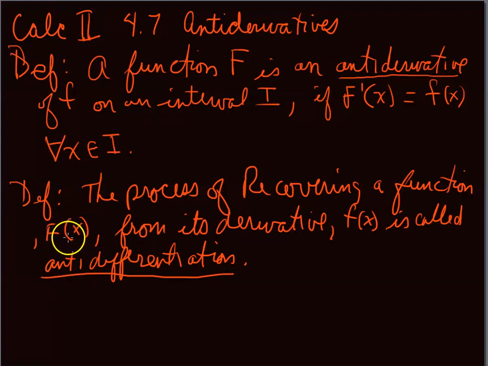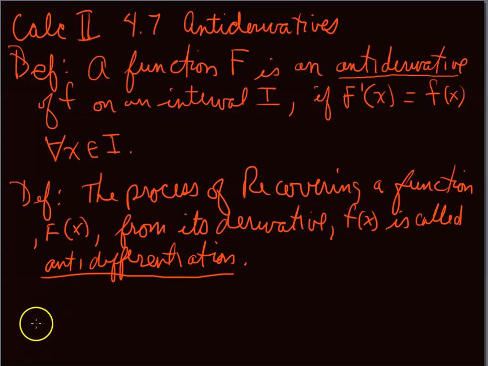to represent the antiderivative, and lowercase letters for the function that you would get once you took the derivative of the capital F. So, capital F antiderivative, little f regular function. The derivative of the function.